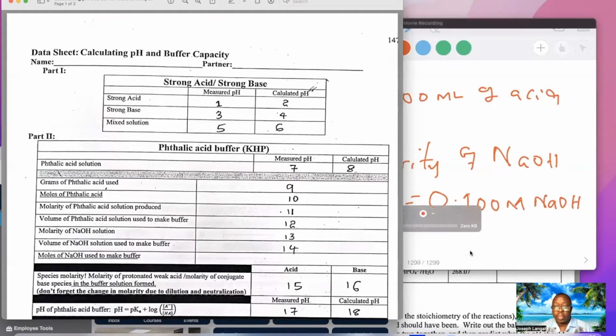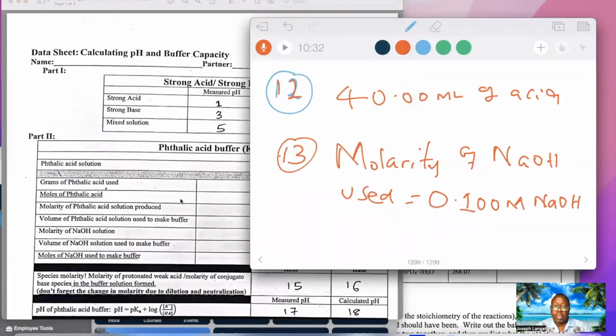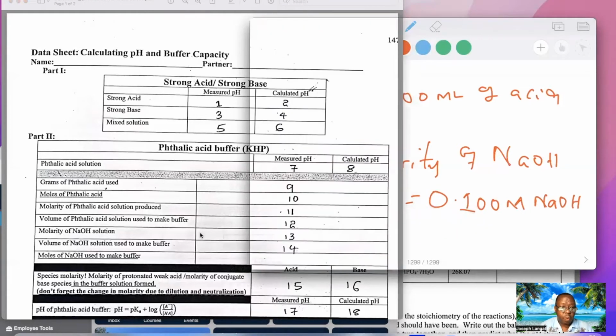This is the molarity of NaOH used. I'm answering question number 13 here by looking at the procedure.